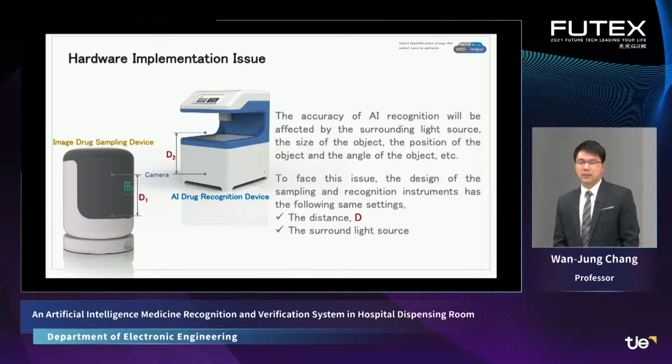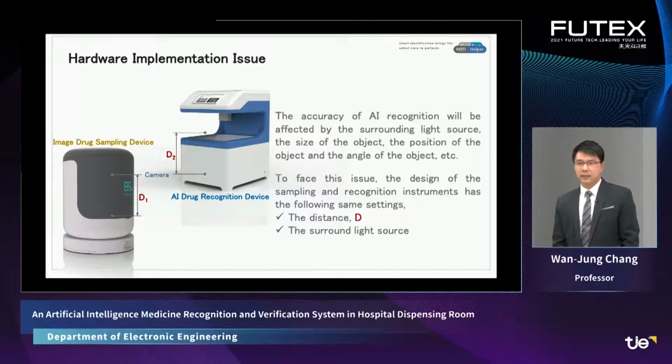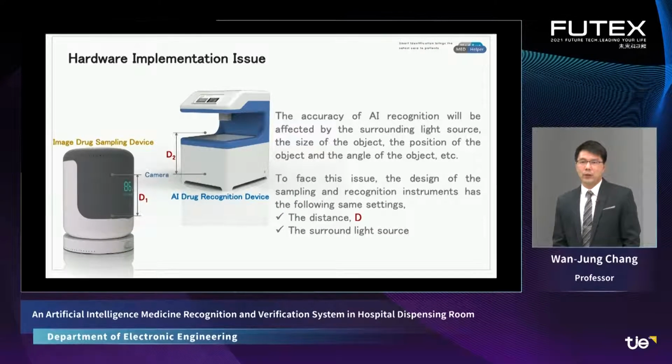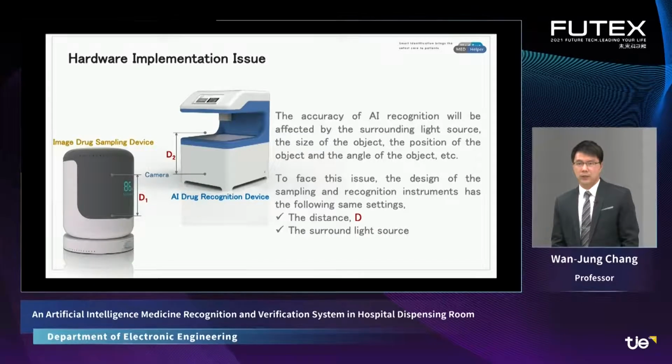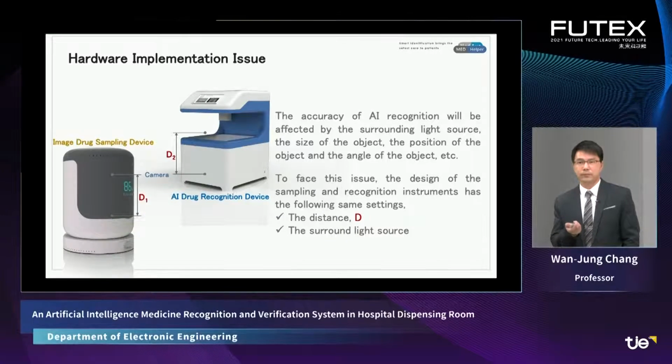First, the distance D1, that is the distance from the camera to the sample drug in the image drug sampling device, and the distance D2, that is the distance from the camera to the recognized drug in the AI drug recognition device, are the same. Second, we use the same surround light source in the image drug sampling and AI drug recognition devices. These same design considerations can effectively improve the accuracy of drug identification.